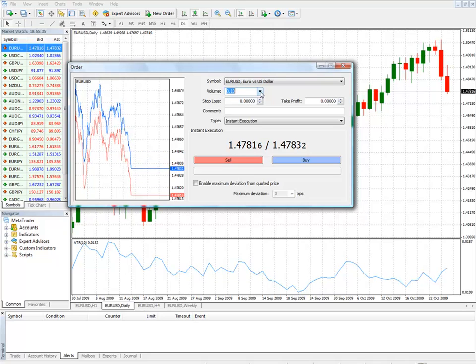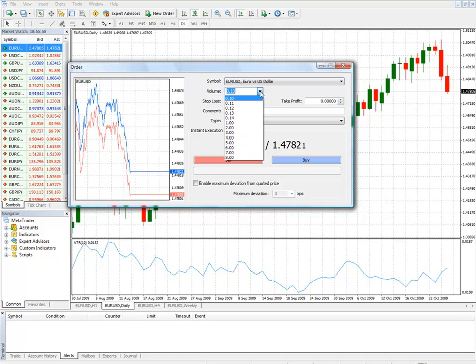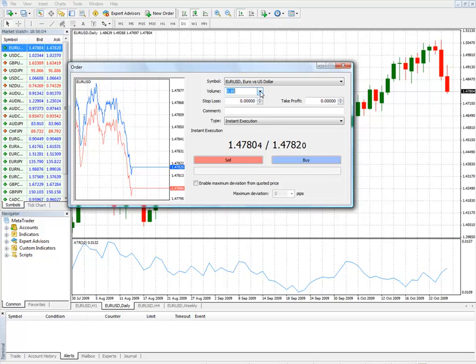But as you can see here, we can control our risk with virtually any account size, as long as the broker you're using allows flexibility in the size of the trades that you place. And as it turns out, we have good flexibility here. So that's good to know.